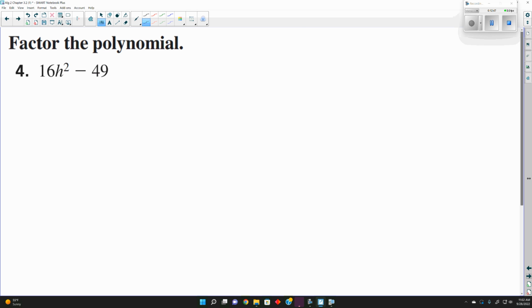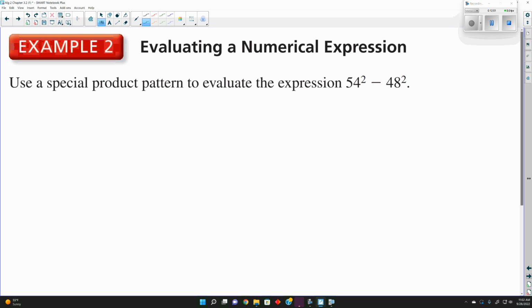All right. This is the last part, because I feel like y'all feel comfortable with those there, yes? 54 squared minus 48 squared. We want to use the special product pattern. Well, our special product pattern stated that a squared minus b squared is a plus b times a minus b.